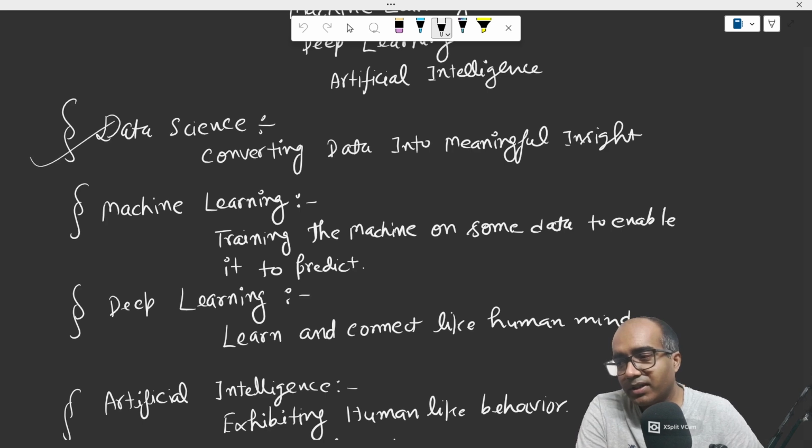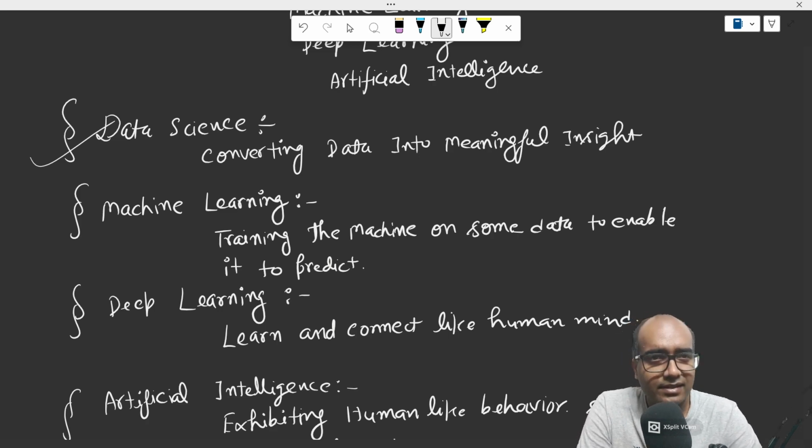When we are talking about data science, it means that we are converting data into some meaningful insights. So how do we do that? Suppose I give you the sales data of my company for a particular quarter, what we have sold and how much sale we have done.